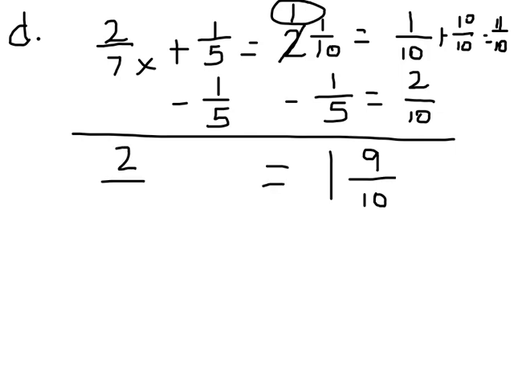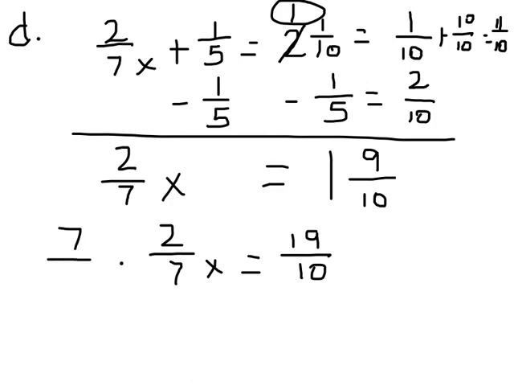Alright, 2/7 x equals. Let's go ahead and change this into 19/10. Then we're going to invert and multiply. And then we're going to do the math here.